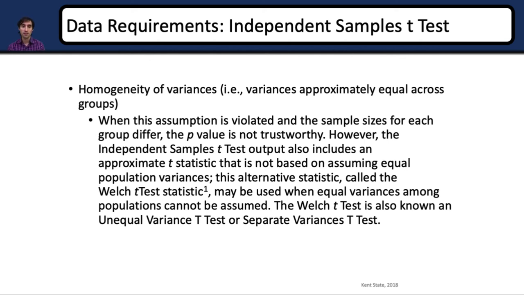When this assumption is violated and the sample sizes for each group differ, the p-value is not trustworthy. But you should know that the independent sample t-test also includes an approximate t-test that is not based on assuming equal population variances.